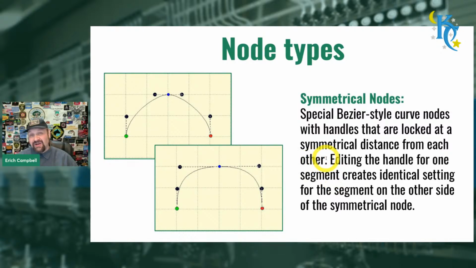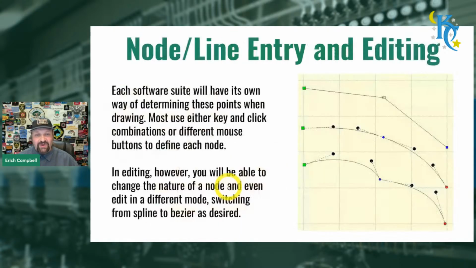The other kind of node you can have is one of those specialty nodes, symmetrical. It just means that it locks these handles together. So instead of me dragging one handle and being able to change half of a curvature off of one node, when I drag one handle, the other handle moves out the same way and is locked to it in distance. It's just a way of locking those together so that you can make a more symmetrical curve when you're working on it.